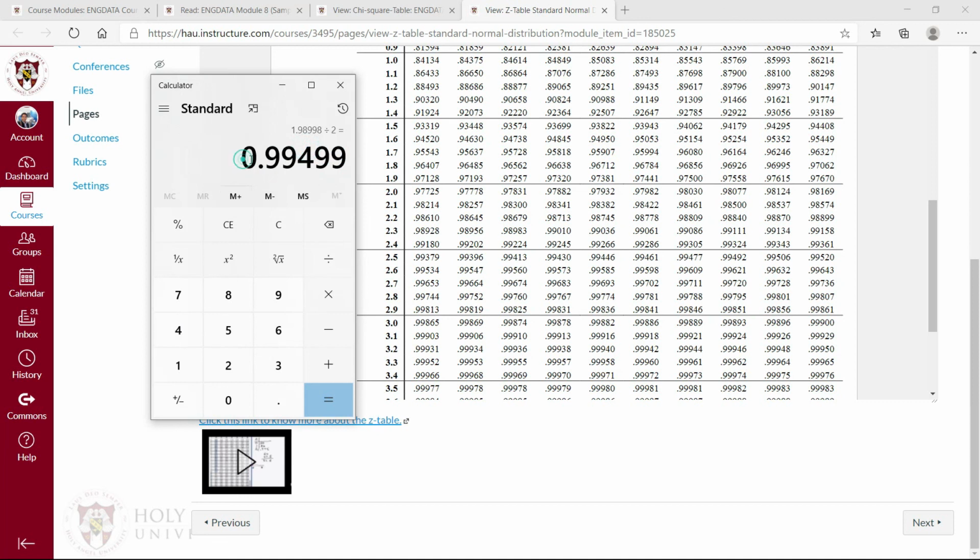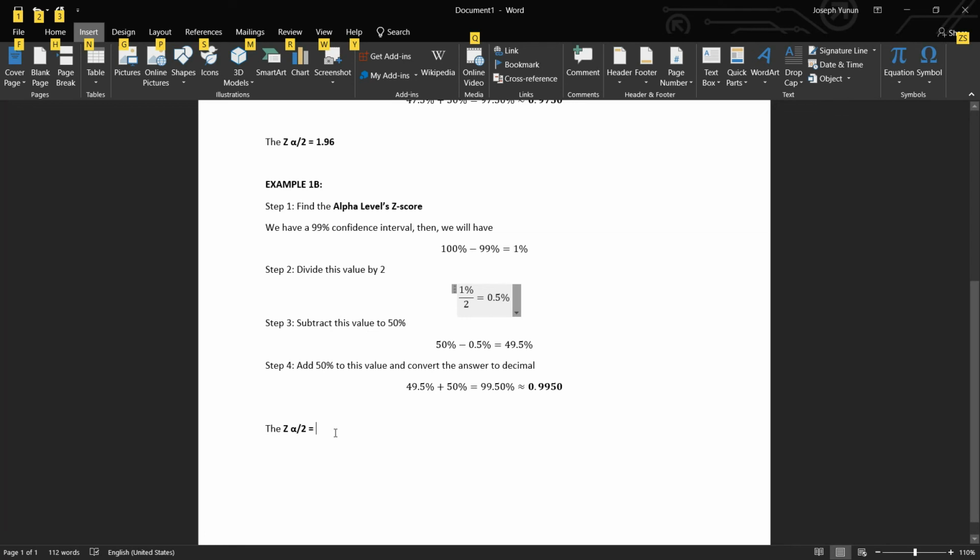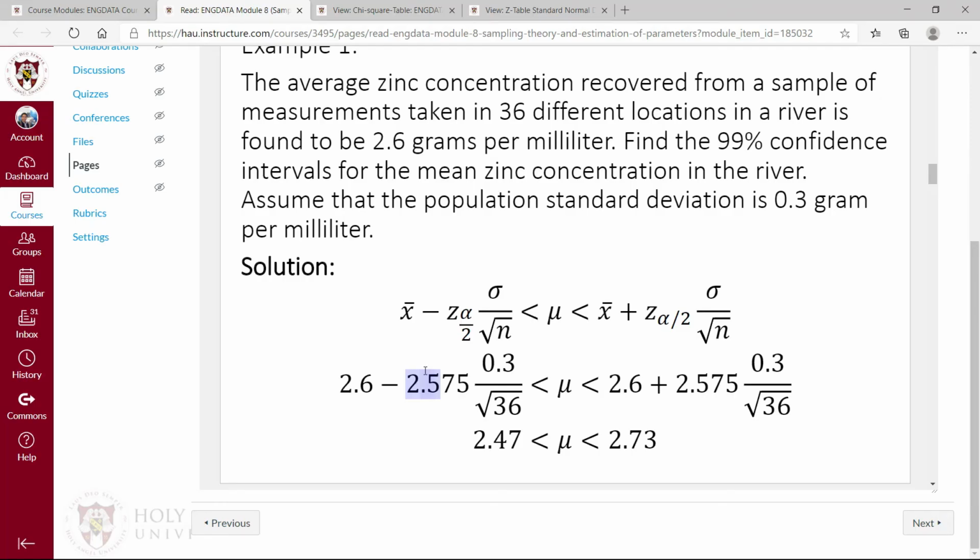So this is probably 95 if you round it to 3 decimal places. So you'll have a value of 2.575 for example B. Hopefully you have a clear understanding of how to solve the alpha levels z.